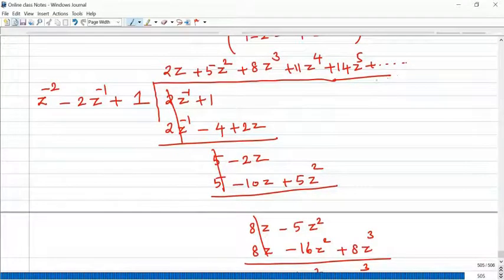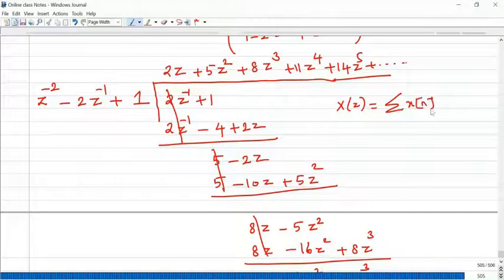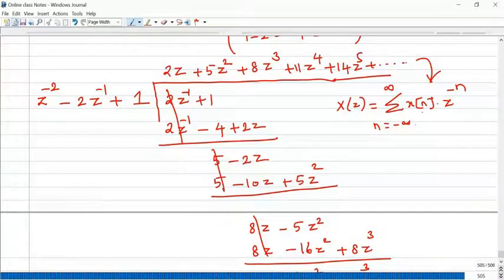Okay. Now if we compare this particular equation with the Z transform formula, x of z equal to sum of x of n z power minus n, n varies from minus infinity to infinity, this general formula. Compare this result with the standard formula. There is no constant here, right?